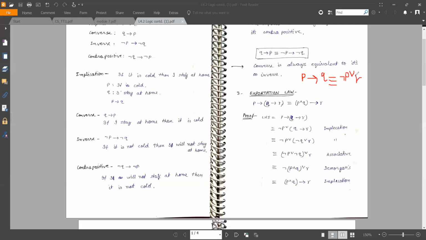So P implies Q is also equivalent to saying negation of P or Q. We have already covered this in the previous lecture, so I encourage you to pause this video and go and verify. It is also given in the notes, so you can verify.